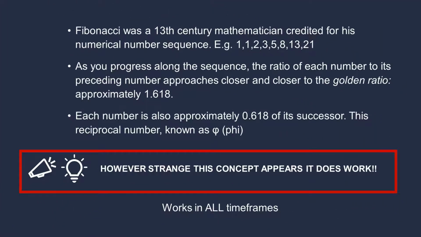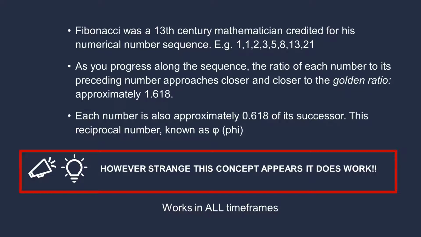Fibonacci was actually a 13th century mathematician, and he was credited for the number sequence. You might have had the misfortune of studying that in maths: 1, 1, 2, 3, 5, 8, 13, 21, and it's used in all sorts of areas, even things like architecture.